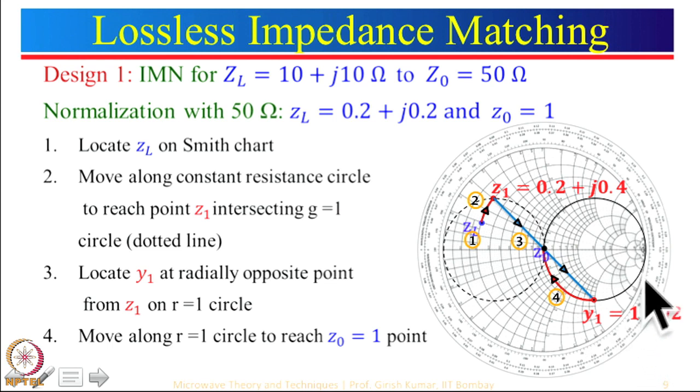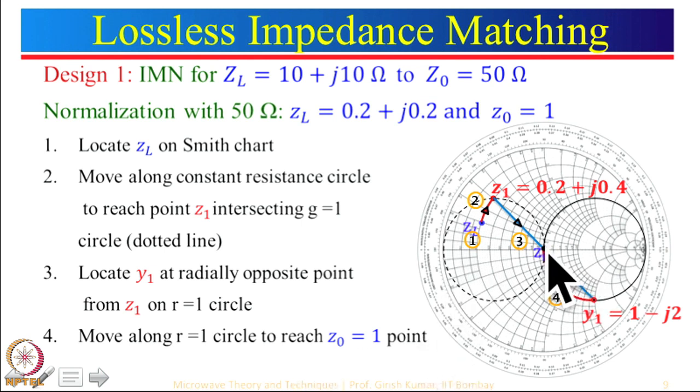Now, just think: if I add plus j2, what will the value be then? If I add plus j2, the total Y will become equal to 1. So, from here you move along this constant R circle, here R equal to 1. Again, you have not added any resistive value; you have simply moved along the R equal to 1 circle to reach the z0 equal to 1 point.